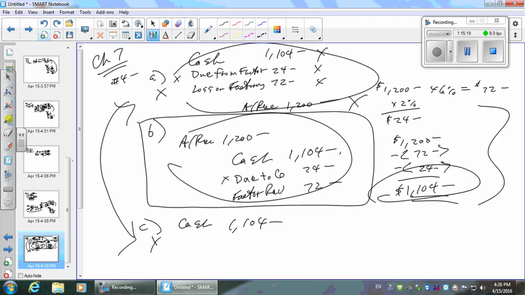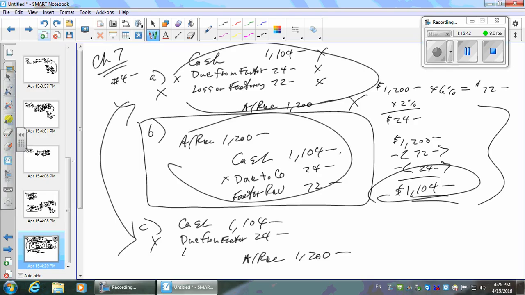Okay, 1,104. They're still getting rid of the account receivable, aren't they? Do they still have a due from the factor? Sure. Well, then what's different? Nothing's changed yet.